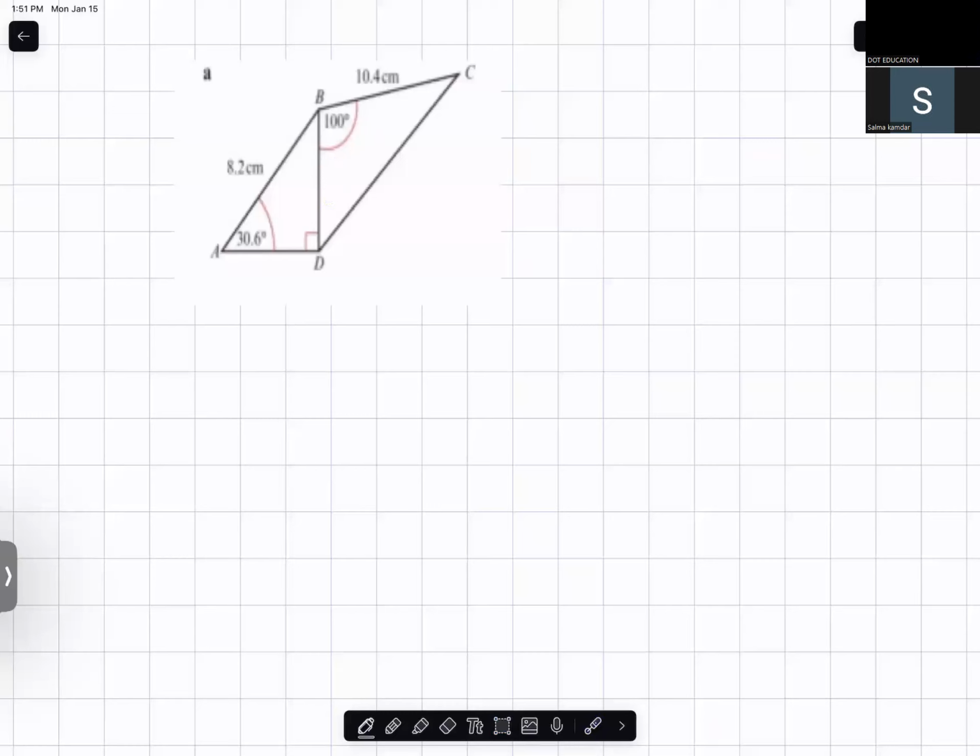So I'm going to apply my SOHCAHTOA here using sine 30.6 in order to find this. So I have sine 30.6 equals my opposite, which I termed y, divided by my hypotenuse, which is 8.2. I have y as 8.2 sine 30.6.